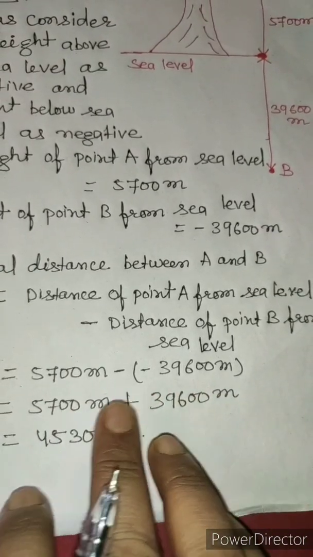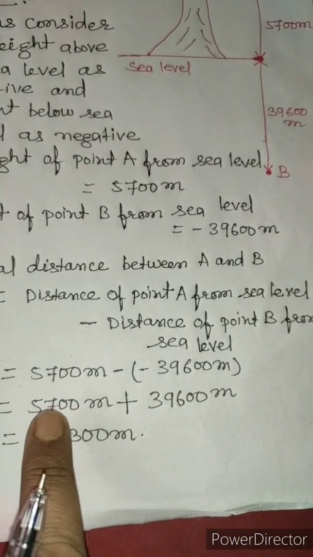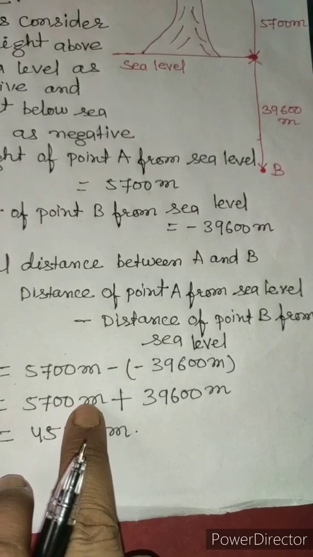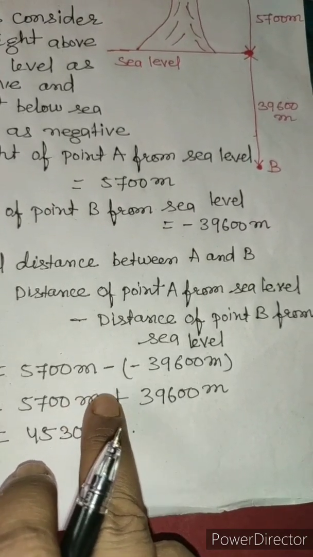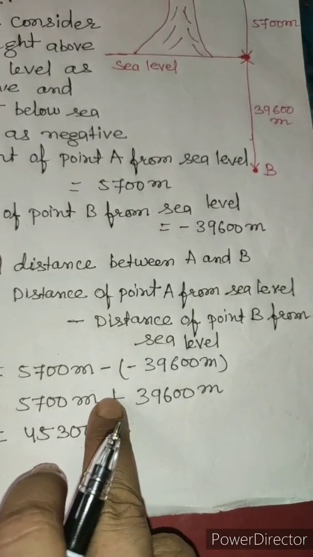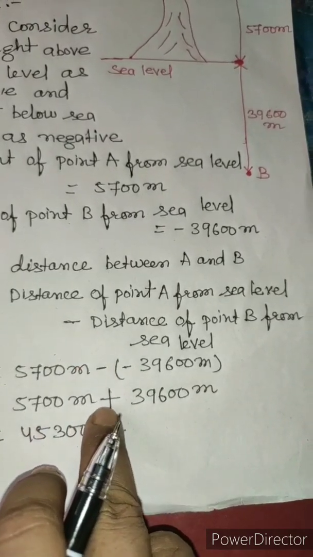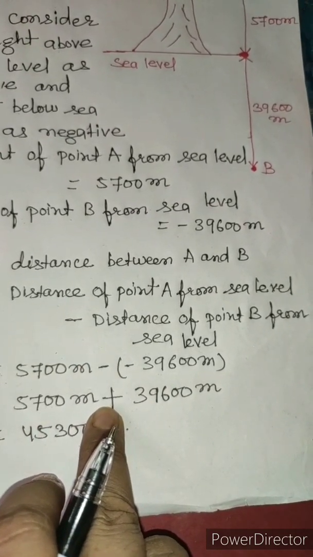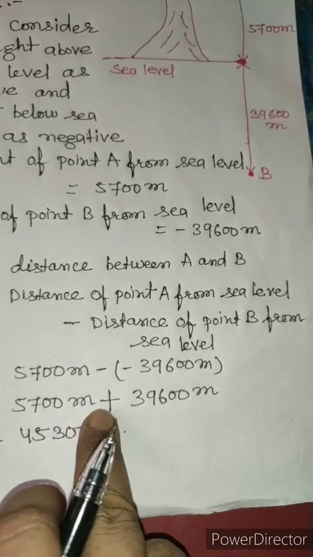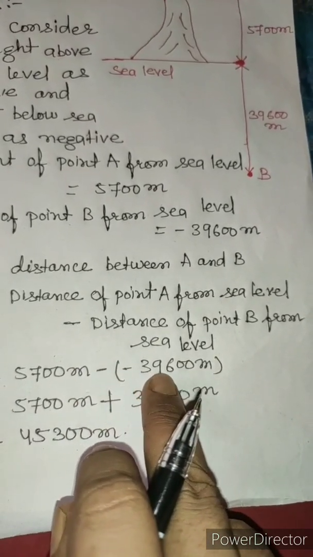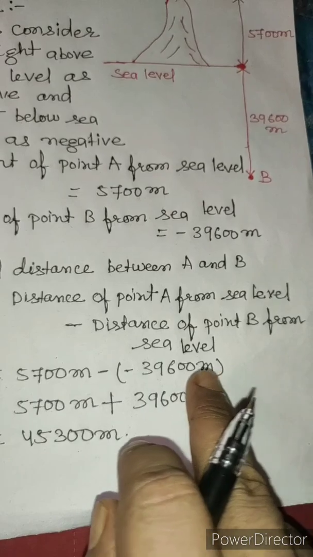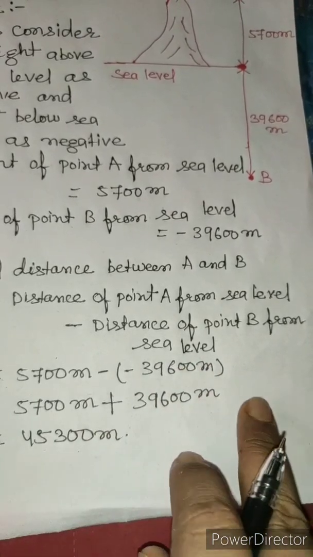Now here I am going to subtract. For subtracting, what you need to do? Instead of the minus sign, you will write the plus sign, and this minus 39,600 meters you will convert to its additive inverse.